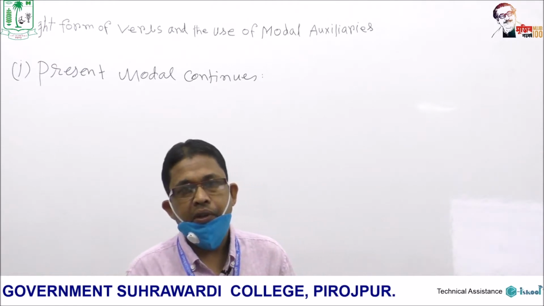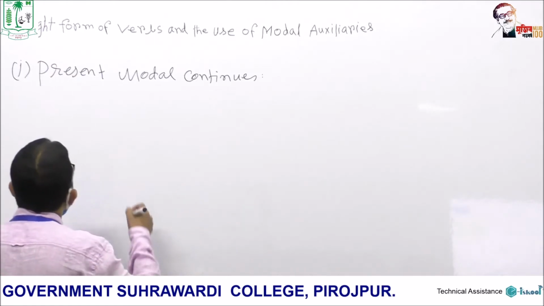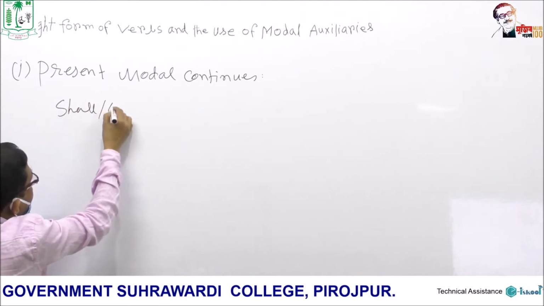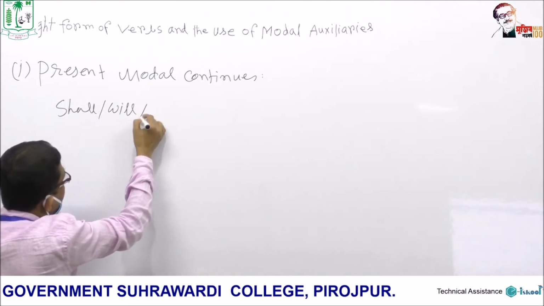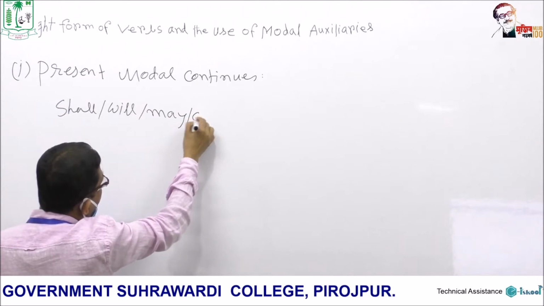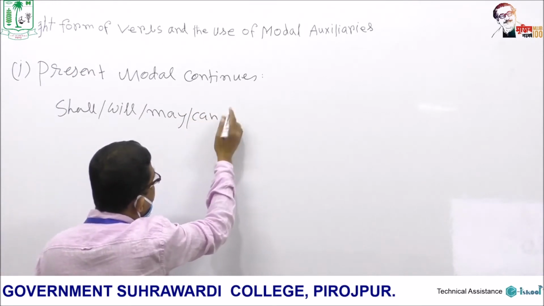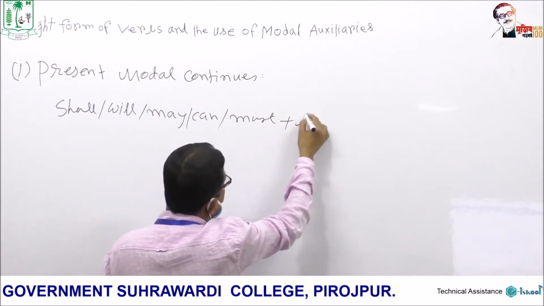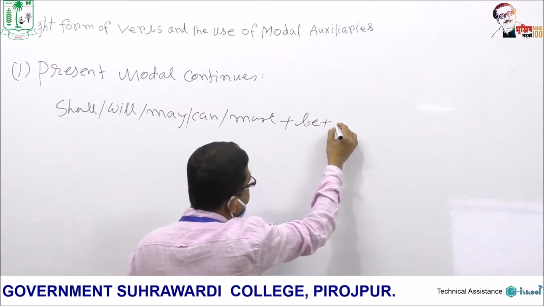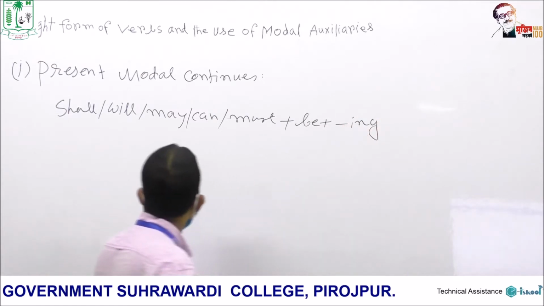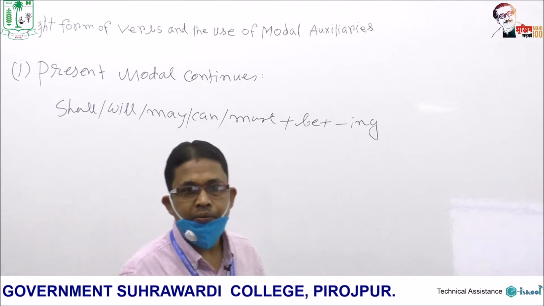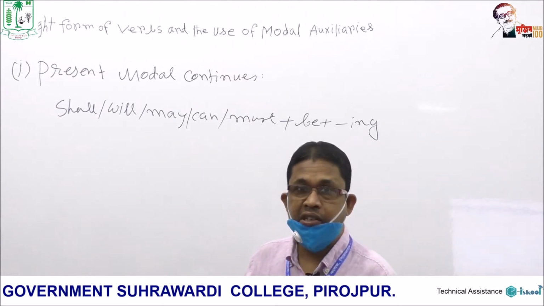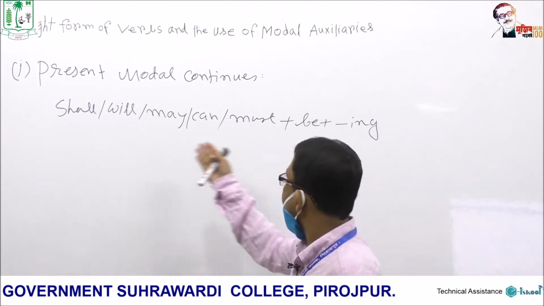Simply remember the formula. Shall, will, may, can, or must plus be plus ing. Very simple formula. When you want to use modal auxiliaries in present continuous tense, you have to use this formula.